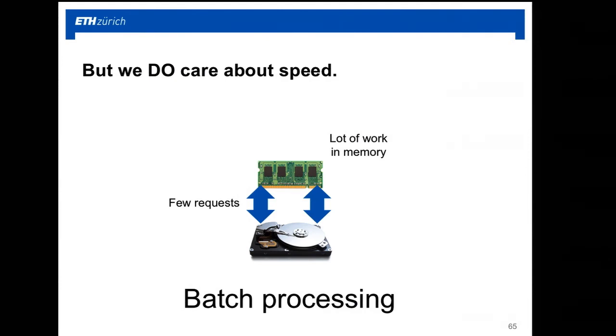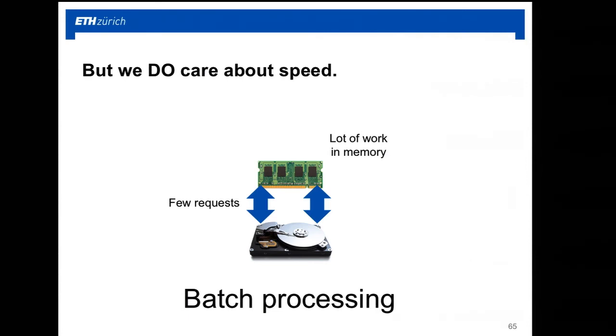So we need to find a way that we do use the disk as storage, but we try to be very parsimonious in the number of requests that we send to and from the disk. This is called batch processing. Batch processing is exactly the way to circumvent the discrepancy between latency and throughput. Whenever latency starts to be a problem, you batch process, meaning you start reading into blocks.